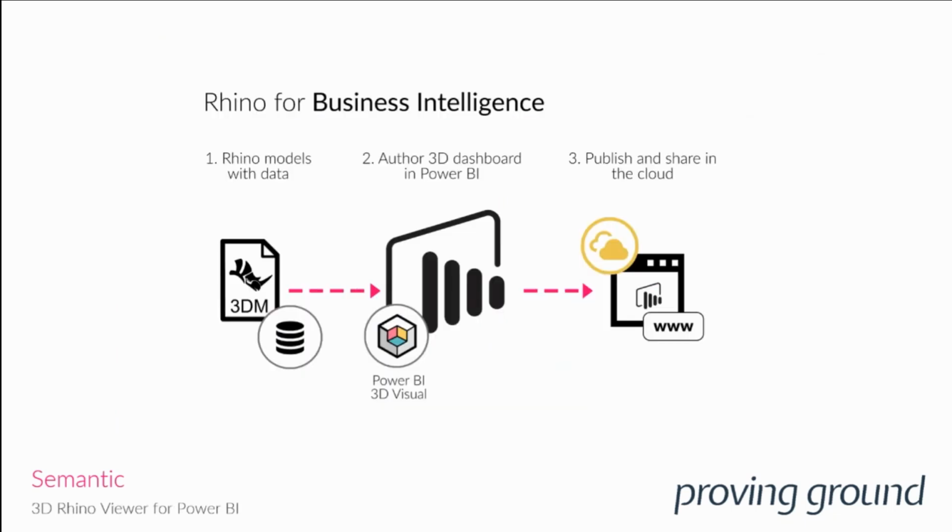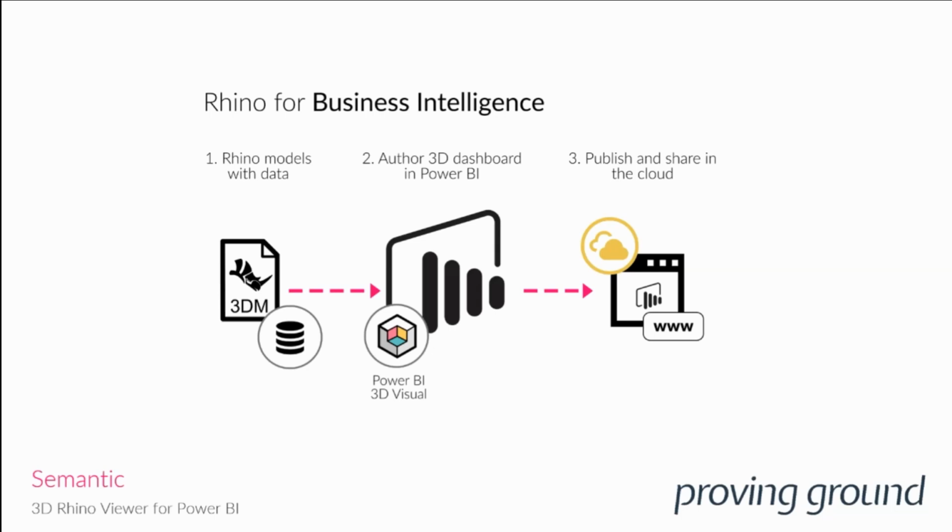One aspect of our Semantic product that we've put out online that a number of people have expressed great interest in is the idea of using Rhino in a business intelligence context. Here is a diagram that explains this, where you have Rhino models with data.